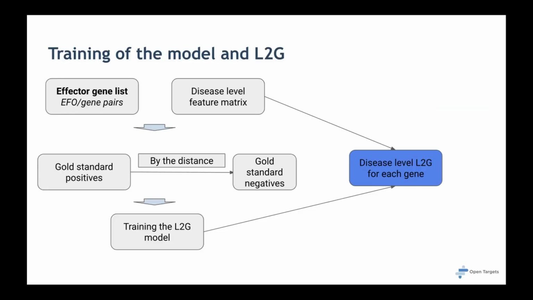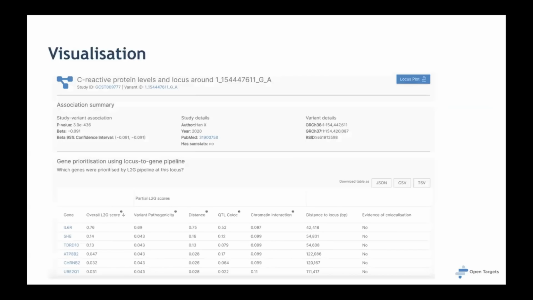That's how we work with the genetic evidence. Just as an example, we also visualize it. As soon as you have these results, you can visualize not only the feature matrix itself, the genetic evidence you have, but also the prioritization score, to give this final decision to the user, whether you should prioritize it or not.